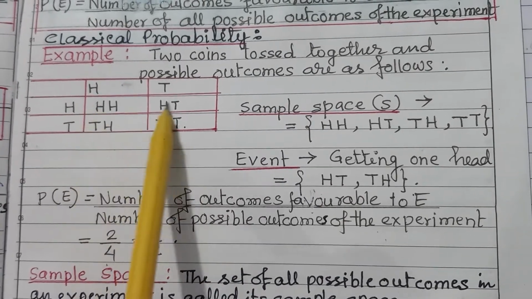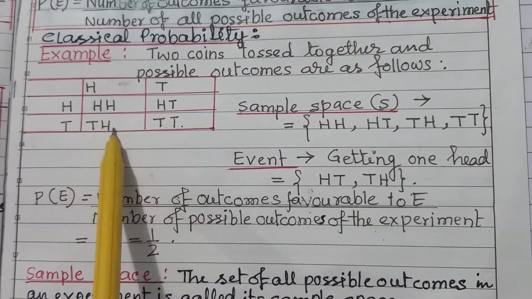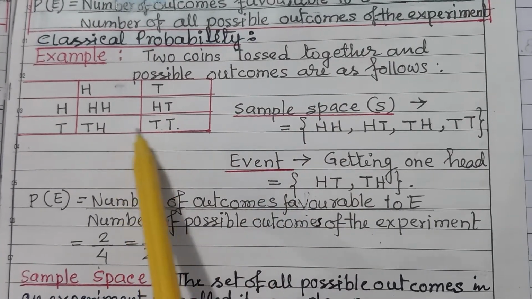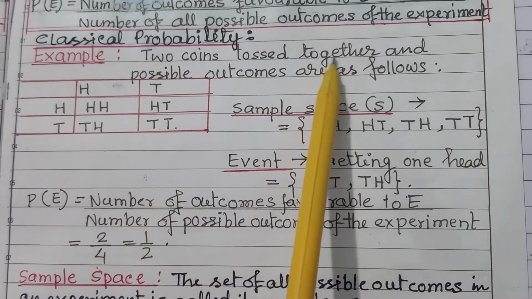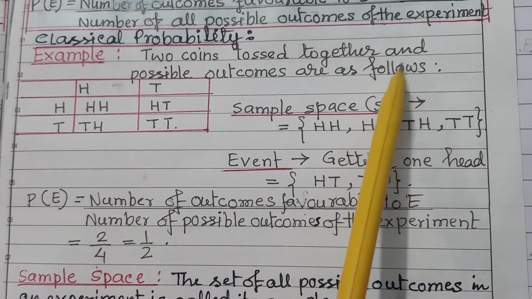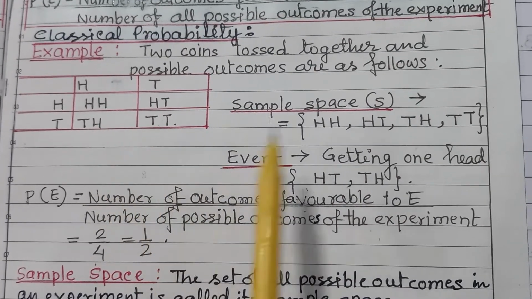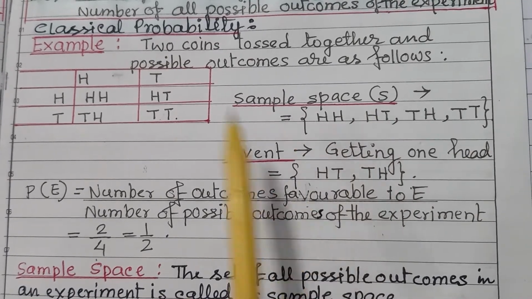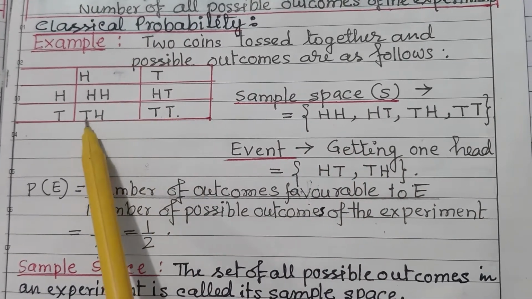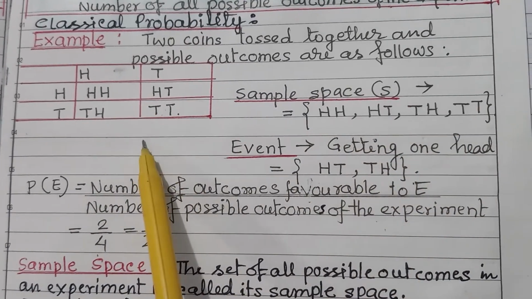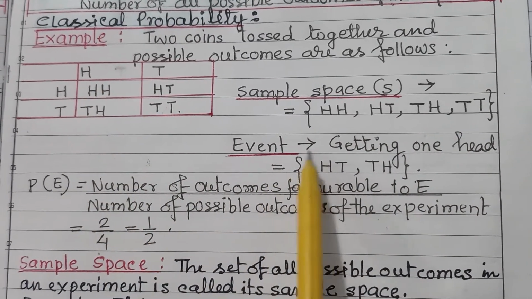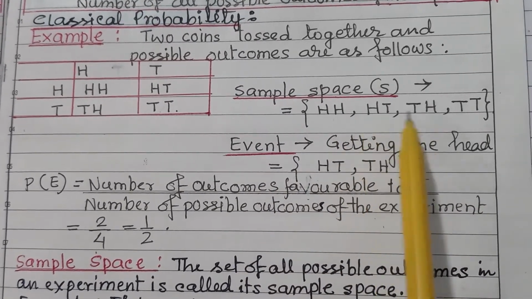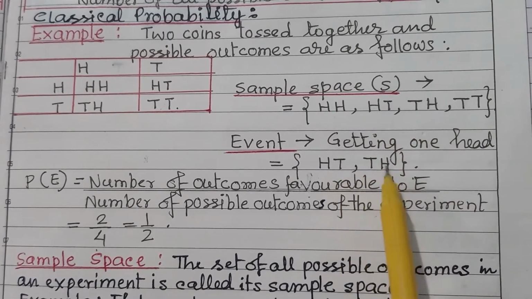These four are called the sample space. These are the possibilities when tossing 2 coins. The total set of possibilities is the sample space S: HH, HT, TH and TT. An event is, for example, getting one head; here two of the options have exactly one head.